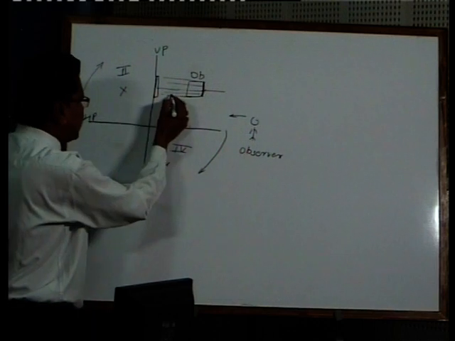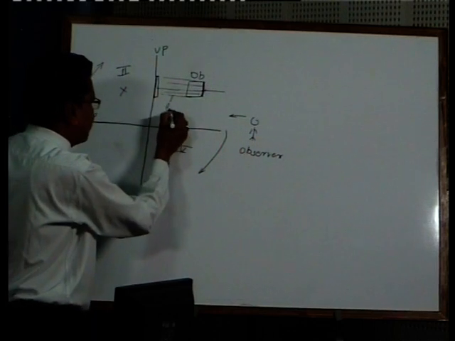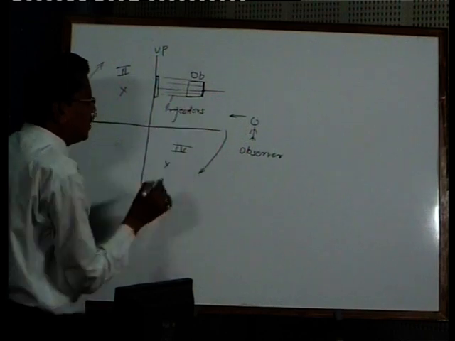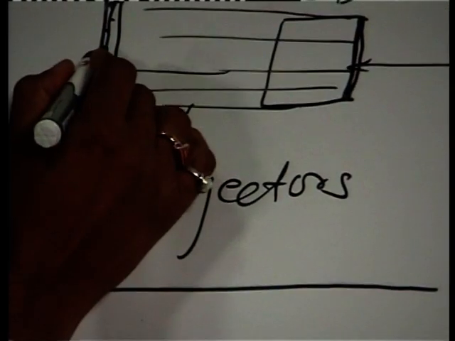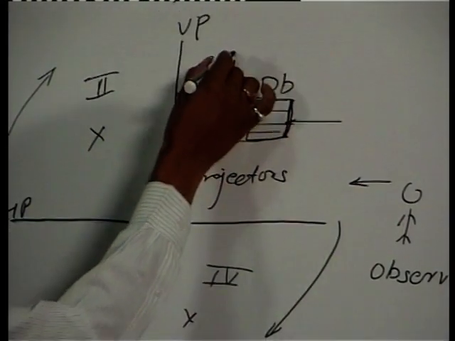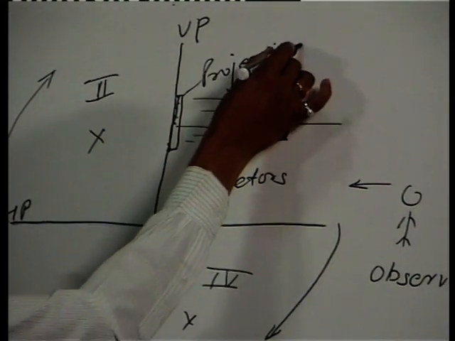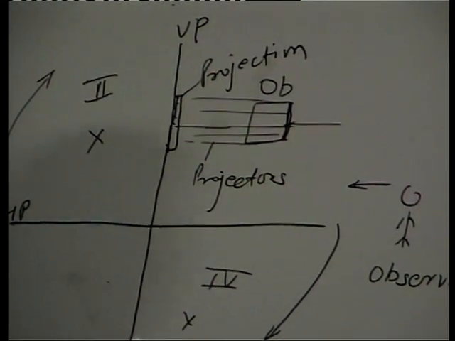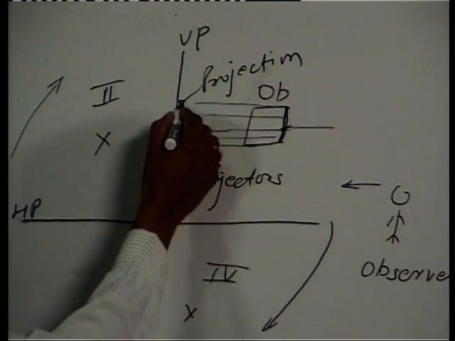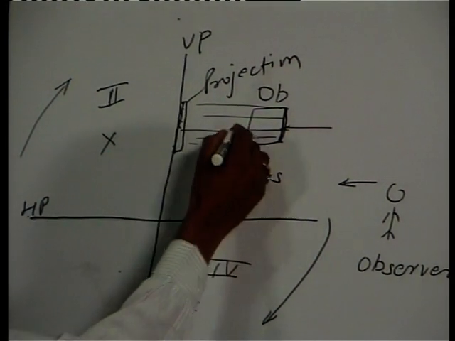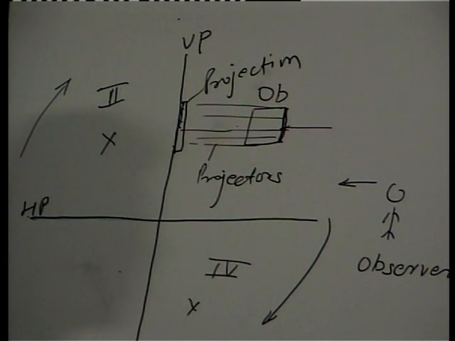These lines of sight are called the projectors, and the image which you get on the plane is called the projection. You have already gone through this, but I am recalling it again. The image formed is a projection, and these lines are nothing but the projectors.